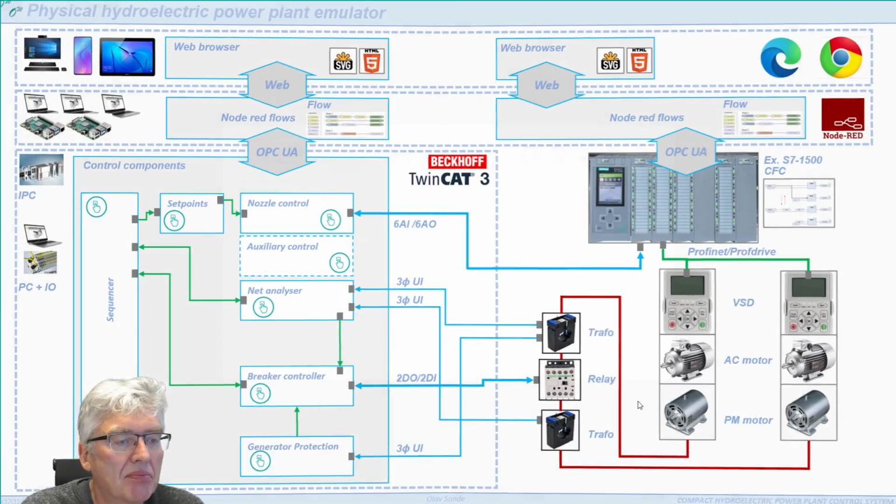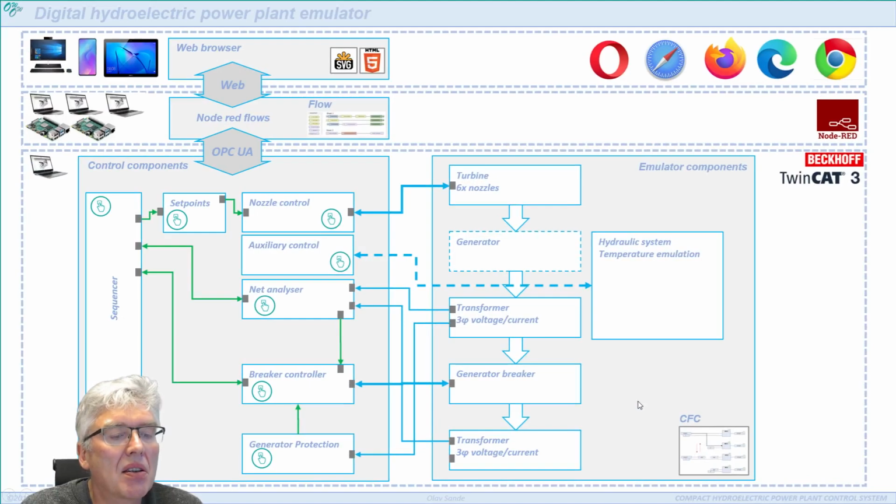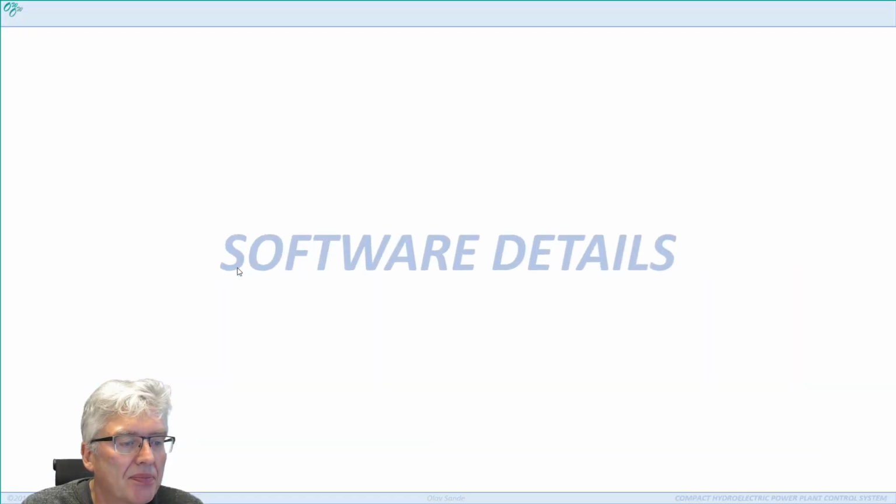And then if we don't have a physical system, we have an emulated system, and we could emulate this power plant inside the same IPC or controller, or even on a standard laptop that performs the control itself. And then again, Node-RED flows here. It's indicated you could use a Raspberry Pi for operation to host these, and so on.